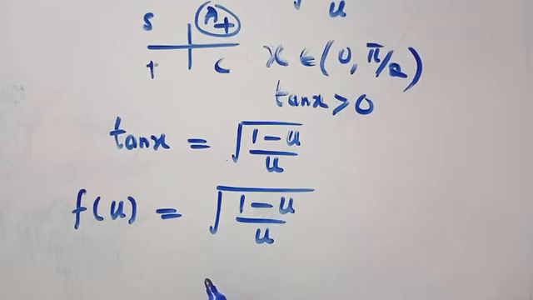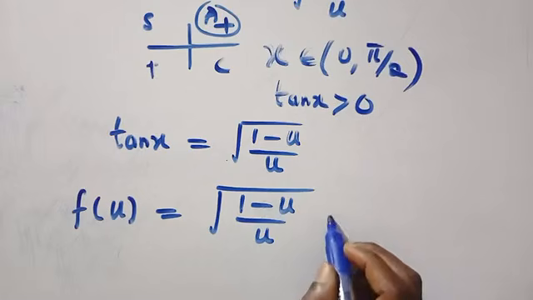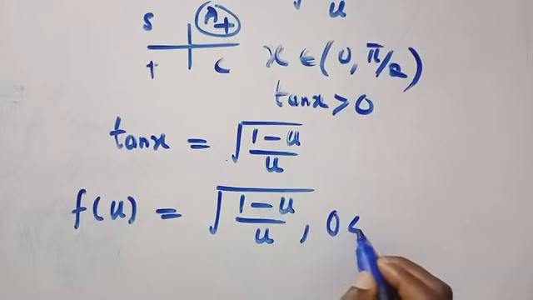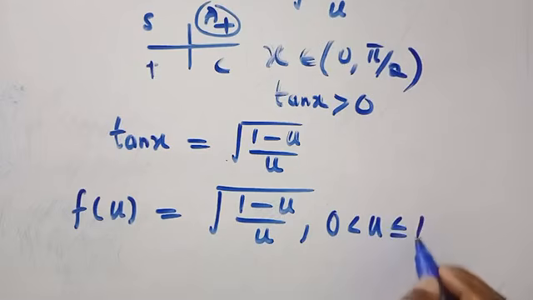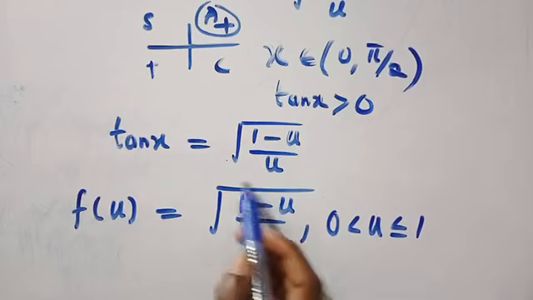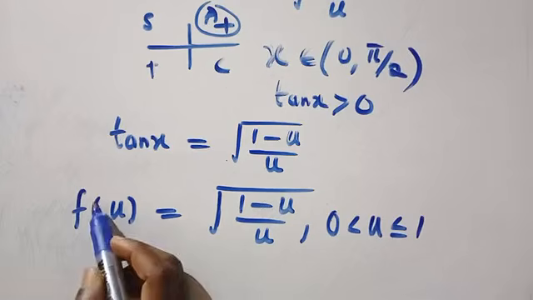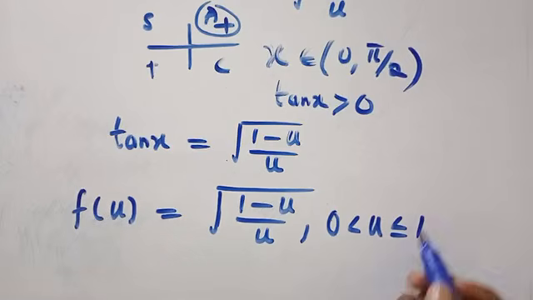In every domain we are going to choose, we must not get 0. So in this case, we are going to have 0 less than u and u less than or equal to 1. 1 is possible here, because when we take the limit of this f of u, we get 0. So 1 works, but 0 can never be in the domain of this.